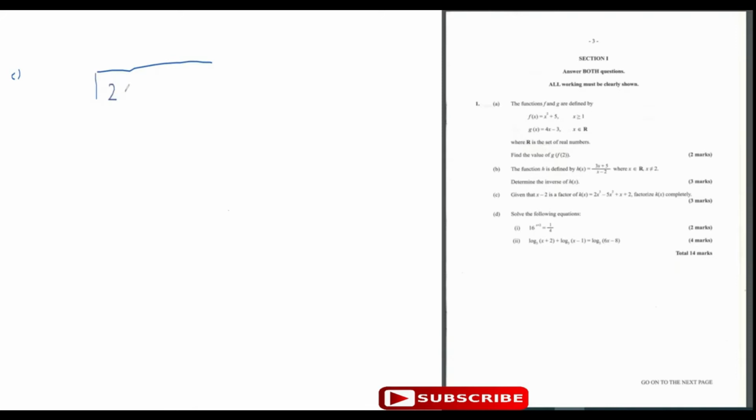So we write down k of x: 2x cubed minus 5x squared plus x plus 2. And out here we have x minus 2.